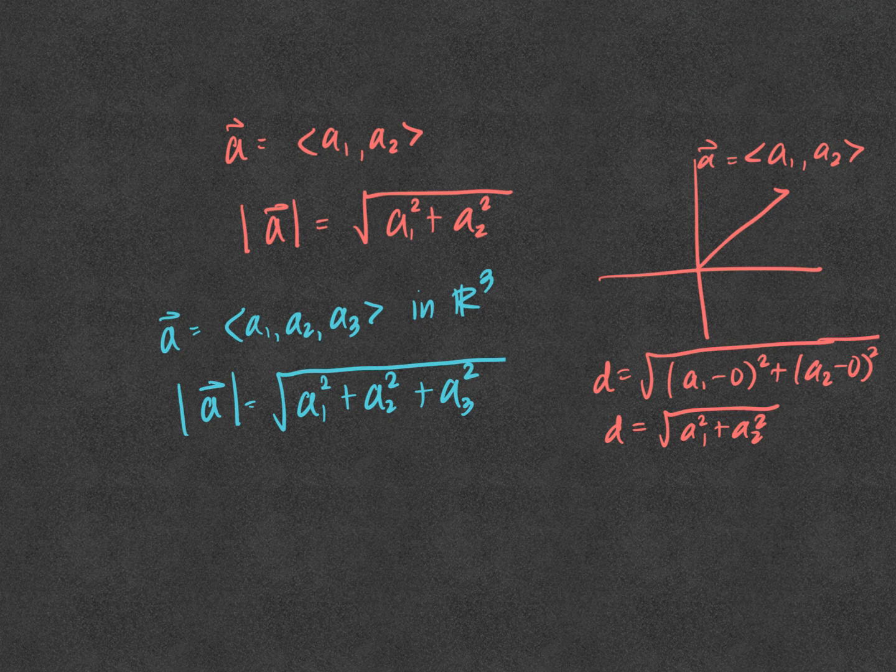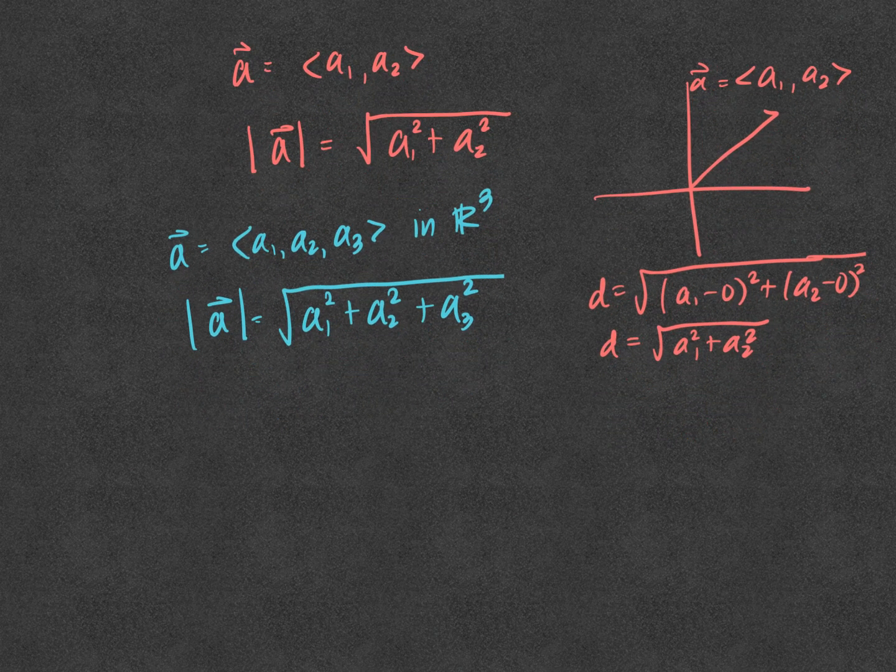So let's talk about an example like from your homework, and it says find the length of a vector. We could pick any of them. Oh, let's do a 3 space.